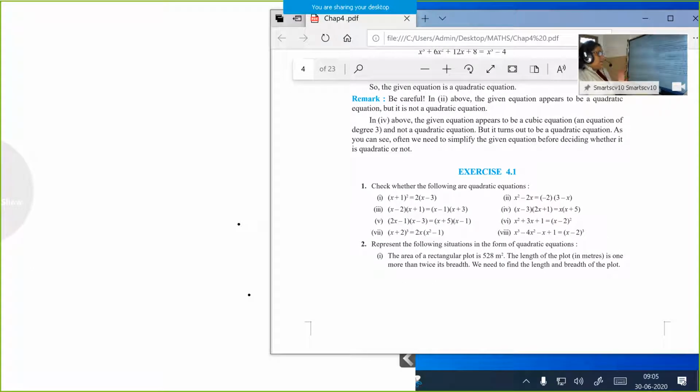So we take, let the breadth be x and length is equal to 1 plus 2 times breadth, 2x. Clear?